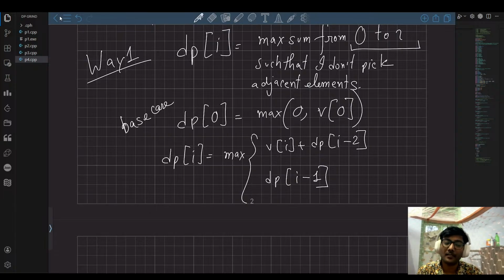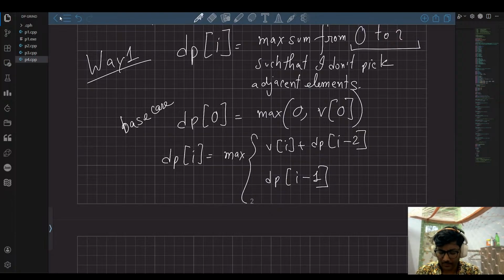This is my transition equation. So either I decide to pick up this ith element, that means I can only consider elements from 0 to i minus 2. From that, we will try to conjure up something. Otherwise, I will decide not to pick up this element and consider only the elements from 0 to i minus 1.